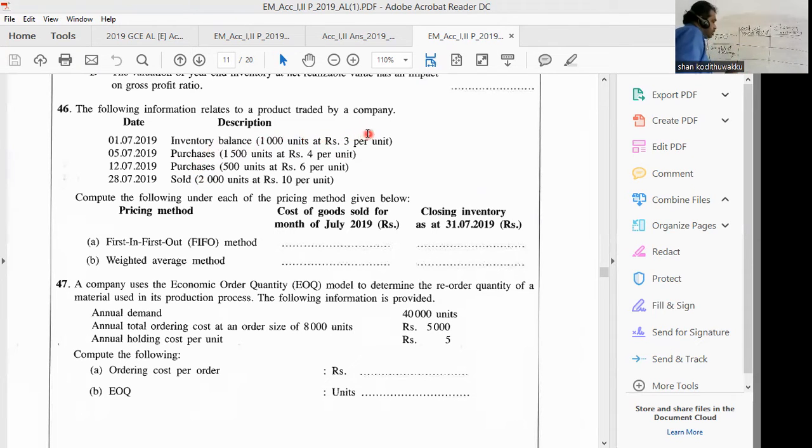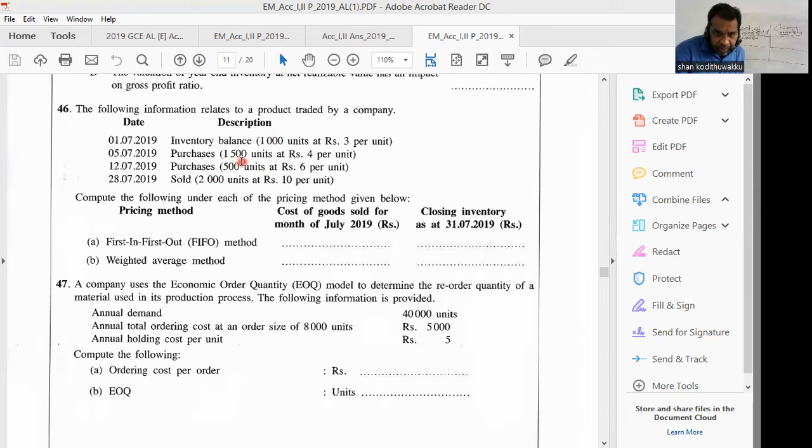Then 1,000 into 3 plus 10. As they have sold 2,000 units, the balance 1,000 you have to take from the next purchases. After you finish the opening stock of 1,000, you take from the first purchases.